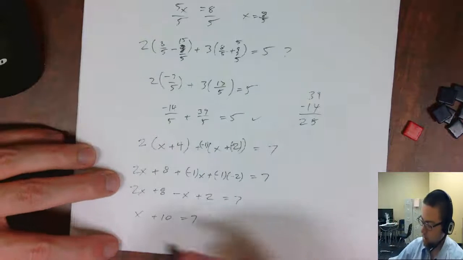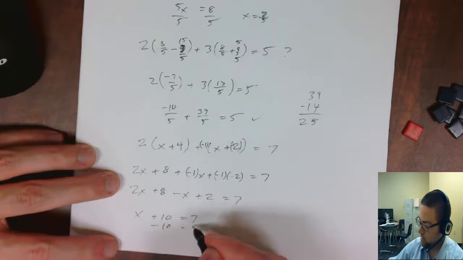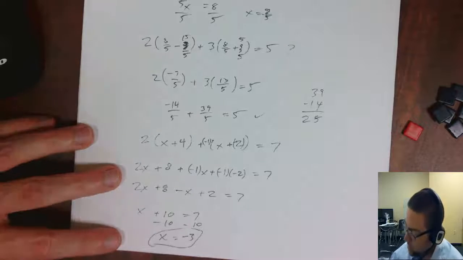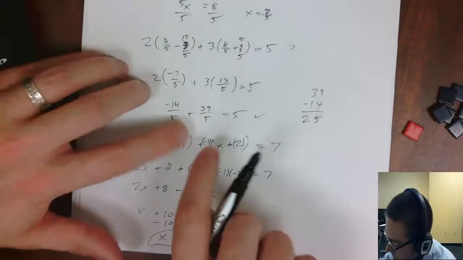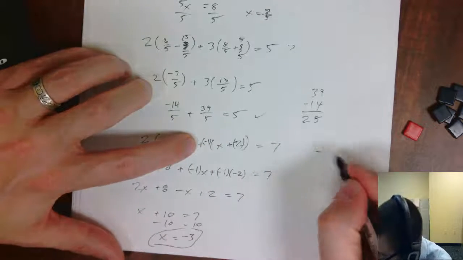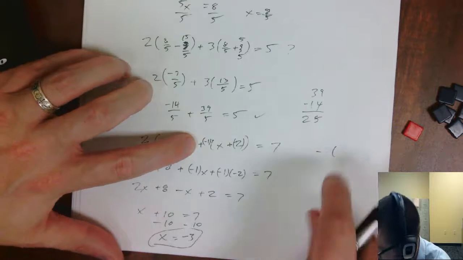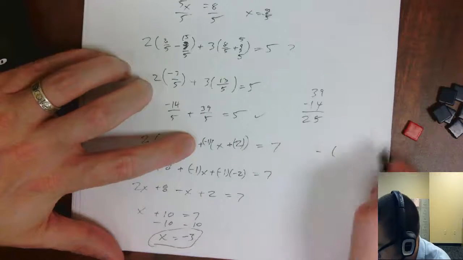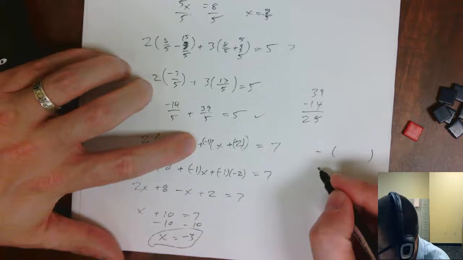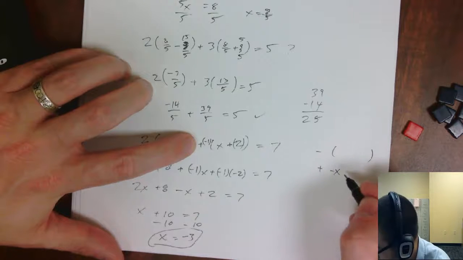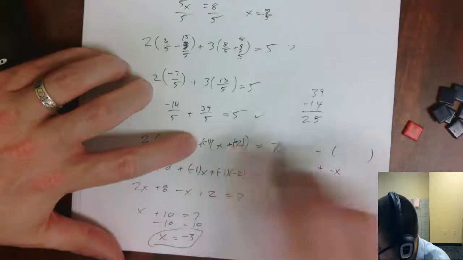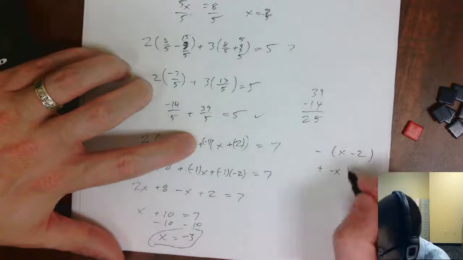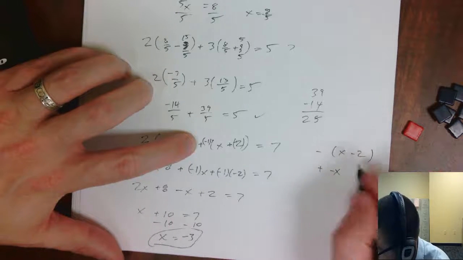Subtract 10 from both sides and get x is negative 3. So yeah, you can think about when you have the minus right in front of the parentheses, that's the same as the opposite of whatever's inside here. So I could say plus negative of x minus 2, same as negative x plus 2.